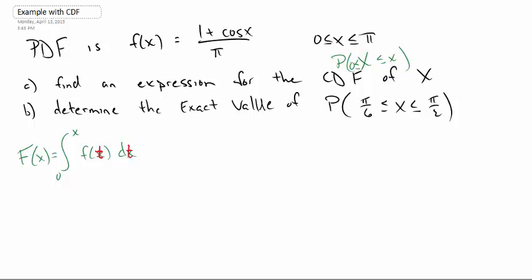Instead of f of x, we're going to call it f of t, some other variable other than x. So we pull off our 1 over pi, integrate from 0 to x, 1 plus cosine t dt. Our antiderivative will be t plus sine t evaluated at 0 and x.